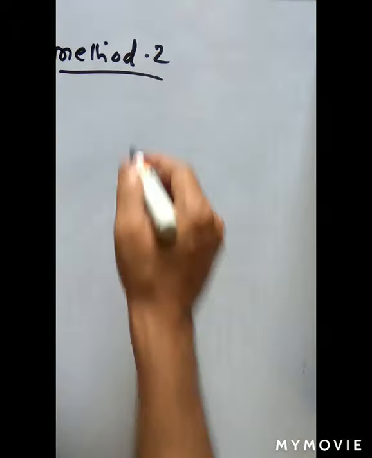To represent root 7, you have to find the square root of the previous number, that means the square root of 6. To find the square root of 6, you have to find the square root of 5, then the square root of 4, square root of 3, square root of 2. So it is a long process. So how will you find root 7 directly on the number line? That is the second method.